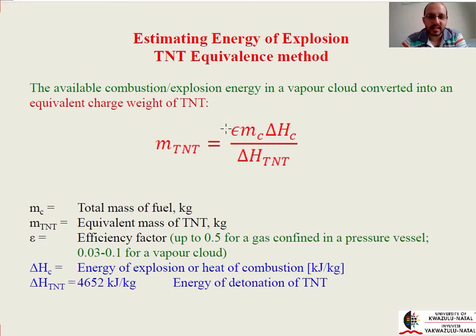This E over here is the efficiency factor. Okay, so it's up to 0.5 for a gas confined in a pressure vessel, and it's 0.03 to 0.1 for a vapor cloud. Now an explosion can be quite inefficient. Remember that an explosion is not a well-controlled event.